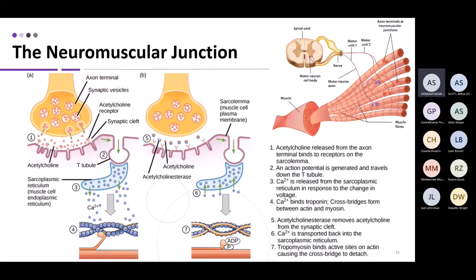This then goes through to the sarcolemma and generates the action potential down into the T tubules. And this then releases your calcium. The calcium then binds onto the troponin, and that causes a change in the configuration, causing the myosin heads to latch on to the actin and then drag it towards the center of the sarcomere. And this is what leads to your contraction.